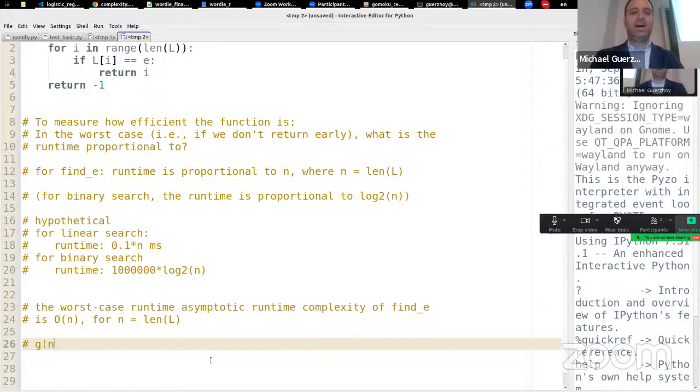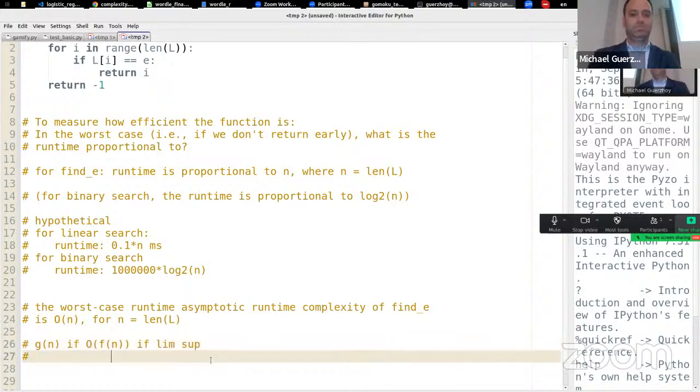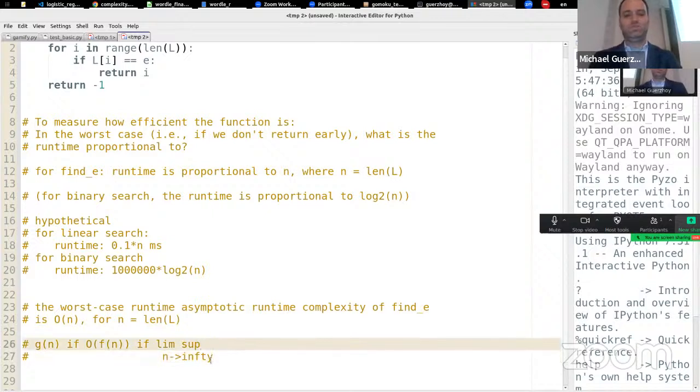So g of n is O of f of n if the lim sup as n goes to infinity of g of n divided by f of n is smaller than a constant.